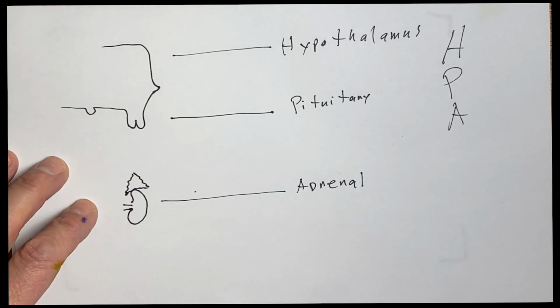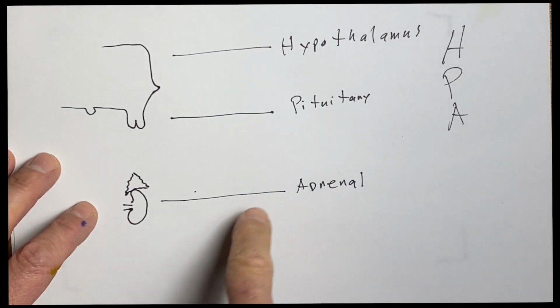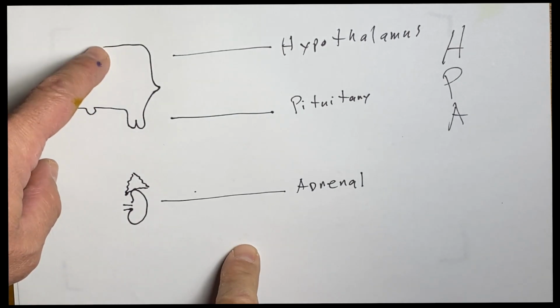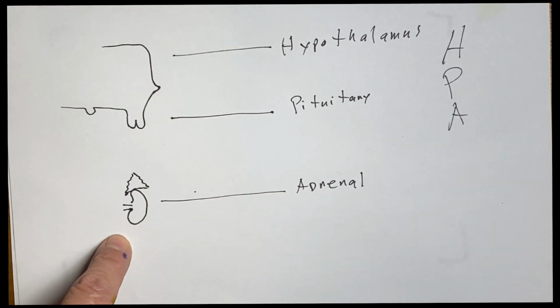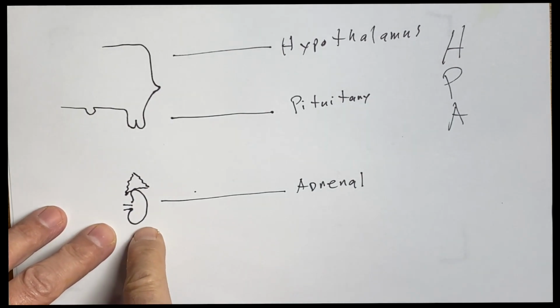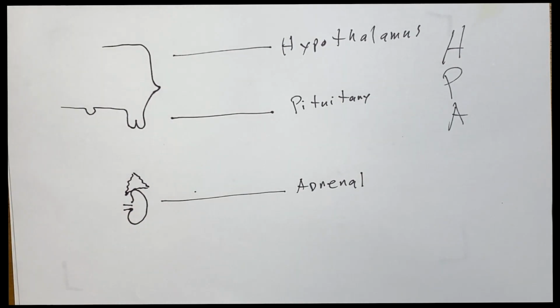What I want you to remember about these axes is that there's a top-down relationship with a feedback loop. So if additional epinephrine is needed from the adrenal glands, the process looks like this.